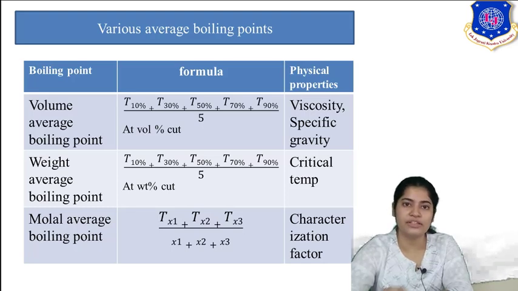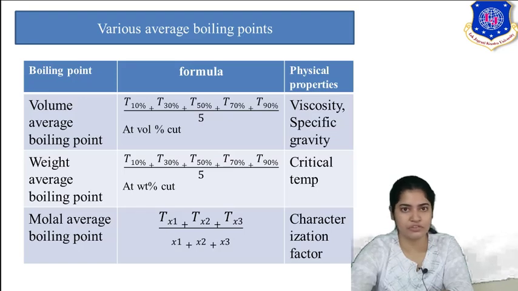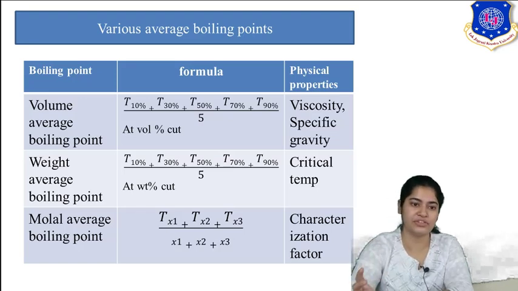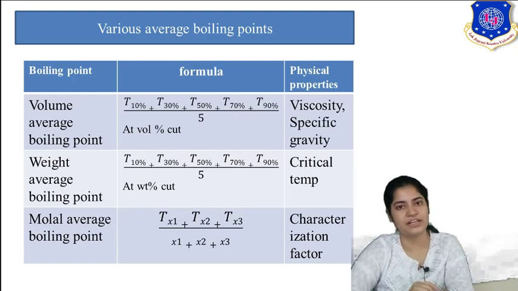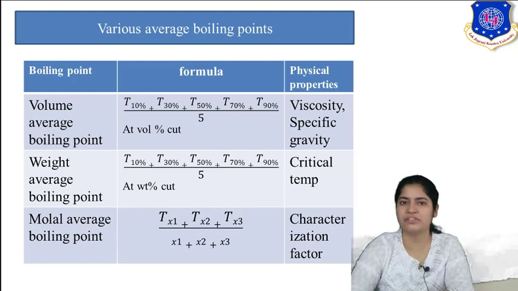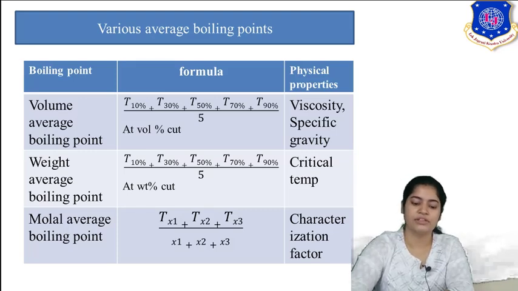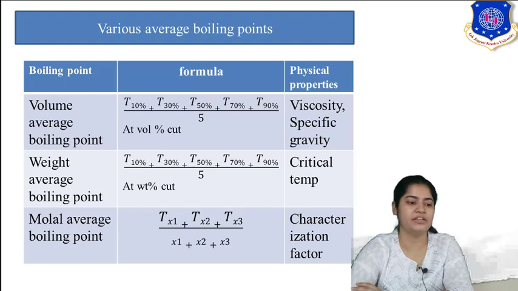At every temperature range the viscosity would be different, but for a whole fraction we take into account the boiling point. What is specific gravity? It is a form of density: density of fuel divided by density of water. So for that physical property it is used.